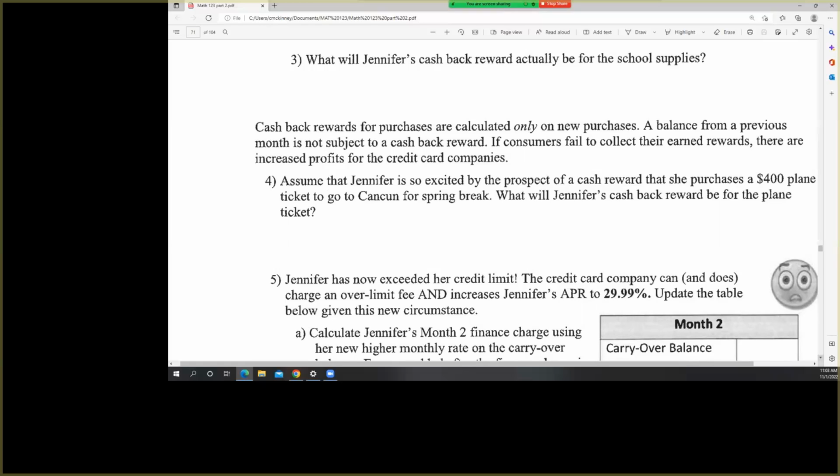So she just got this card. Purchases that are part of your first 1,500 earn 0.25%. So change that to a decimal, 0.0025, times her $195 school supplies purchase. And what's her big cash rebate?